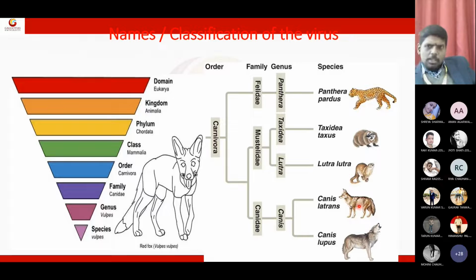Why I'm telling this? Because, say for example, there is a family called Herpesviridae. It's a viral family. In Herpesviridae, we have three classes: alpha, beta, gamma viruses. In the Herpes family, we have many viruses, like herpes simplex 1, herpes simplex 2, Epstein-Barr virus, cytomegalovirus, varicella zoster virus. All these five viruses belong to the same family called Herpesviridae.